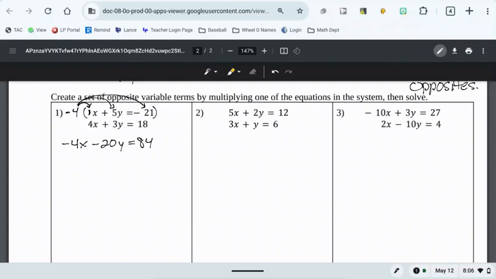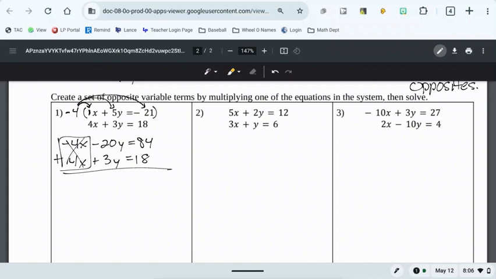Again, this is following math law because we multiplied everything in that equation by the same value. So it does not change the equation. We are just scaling it. And now let's rewrite the second equation because we did not change it. And now that we have opposite variable terms, let's add the two equations.